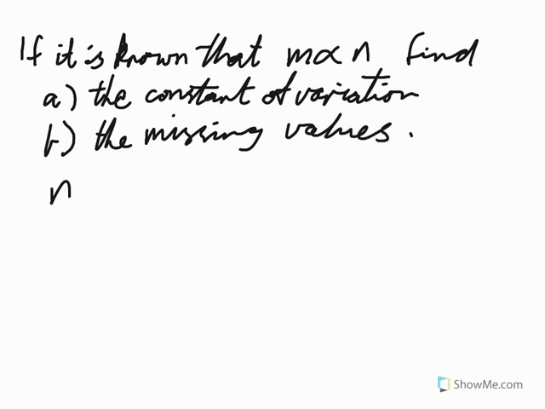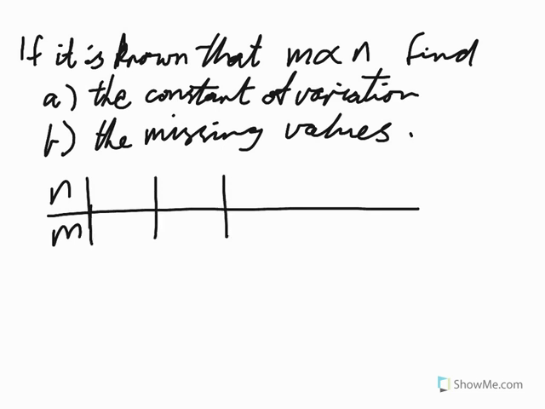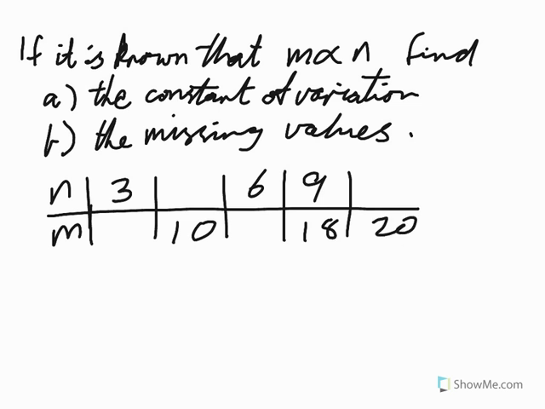In this table, so we've got an N, we've got an M. We got 3 here, we got 6 here, we got 9 there, we got 10 there, we got 18 there, and we got 20 here.